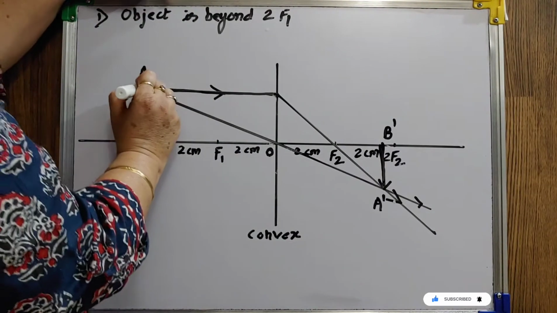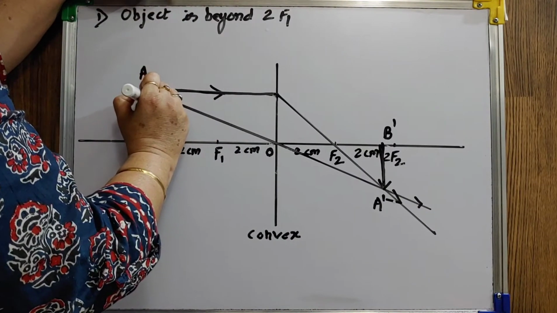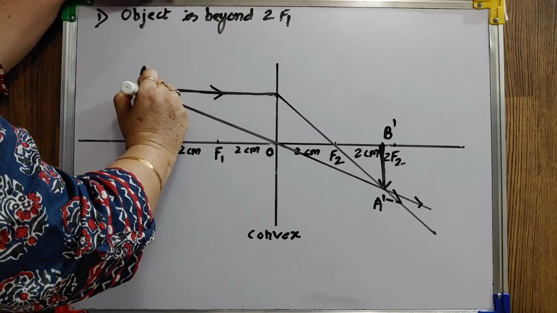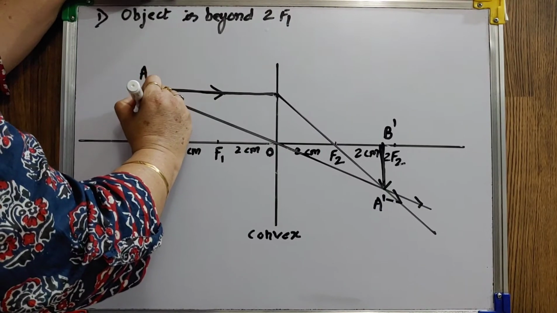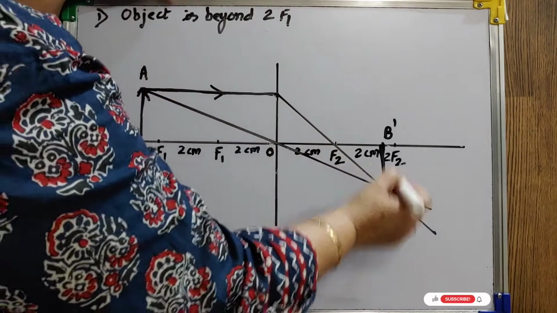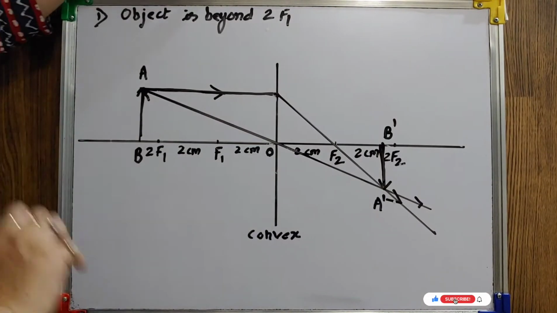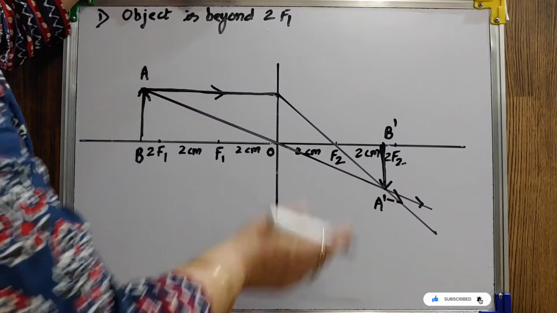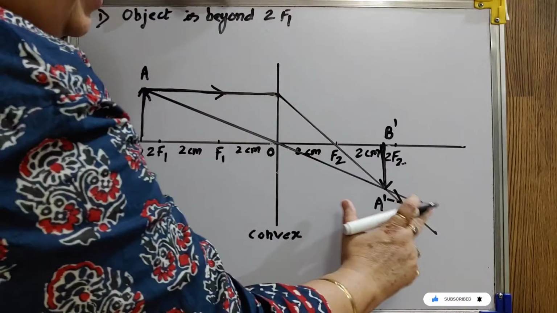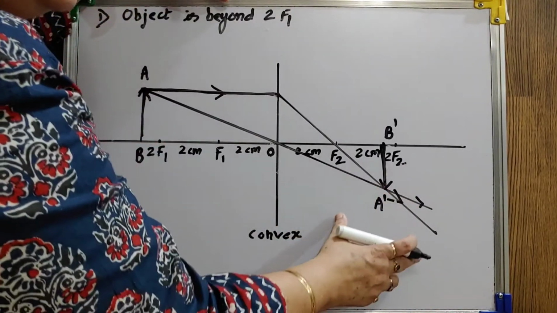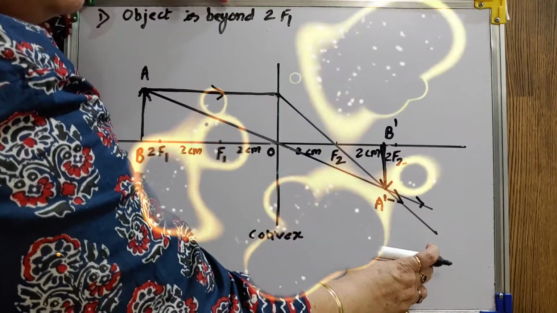See, now I have taken an upward arrow, but we are getting a downward one. So our image is inverted, and this image is formed by actual intersection of these rays after the refraction.